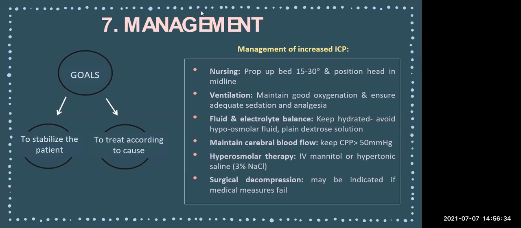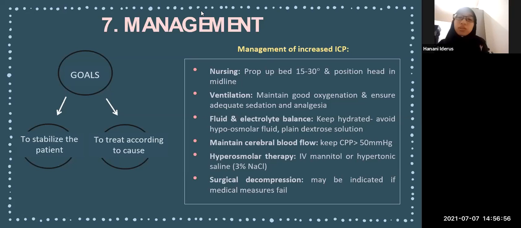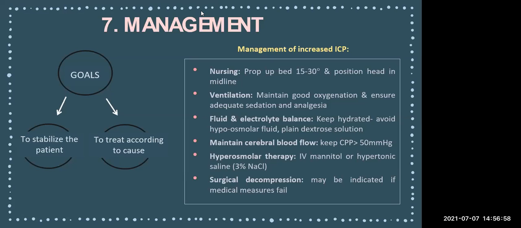The pressure in the skull is fixed, and it's contributed by three elements in the skull. What are the three components of the skull content? Brain tissue, first the parenchyma, then the blood, and the third one is CSF. So there are only three components in the brain.